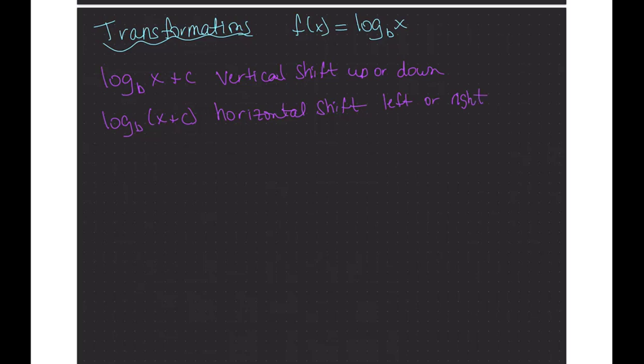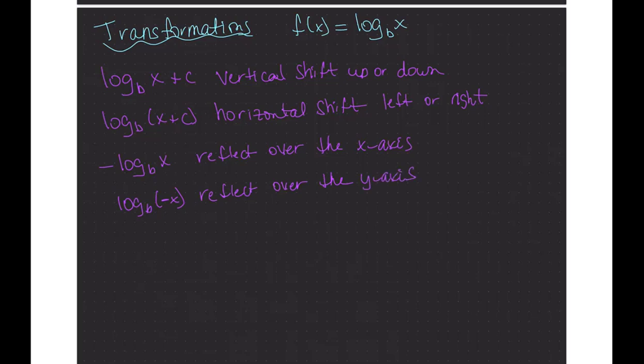If I had a negative log base b of x, I know that that's going to reflect over the x-axis. If my negative is on just the x and not the beginning of the function, I know that's going to reflect over the y-axis.